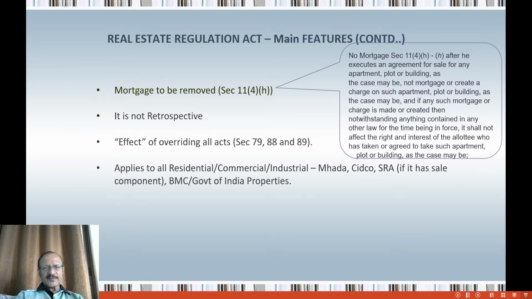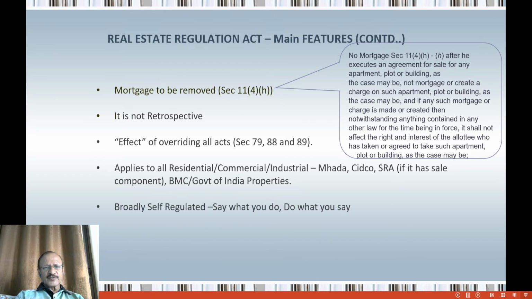Section 89 says the provisions of this act shall have effect notwithstanding anything inconsistent therewith contained in any other law for the time being in force. Means this shall hold good where both laws are the same, and where there is a difference between these two laws, this law shall have effect over others.